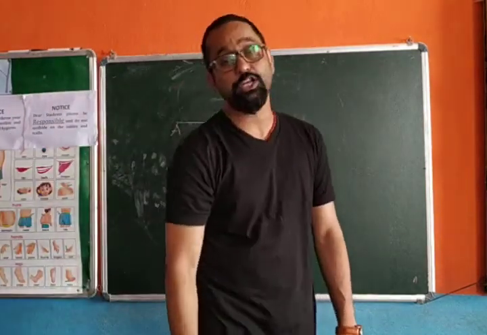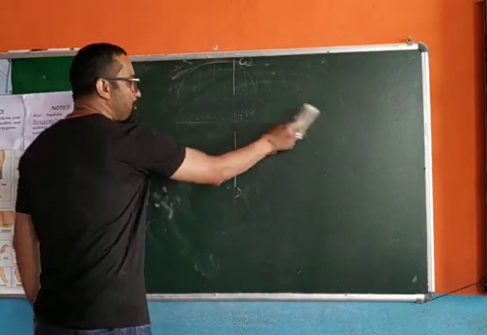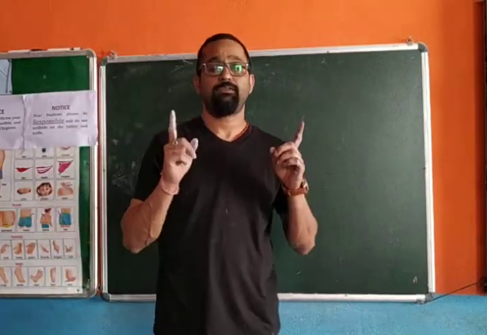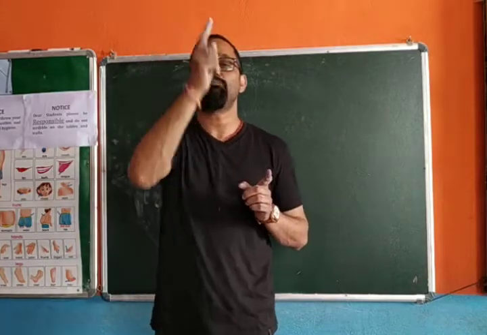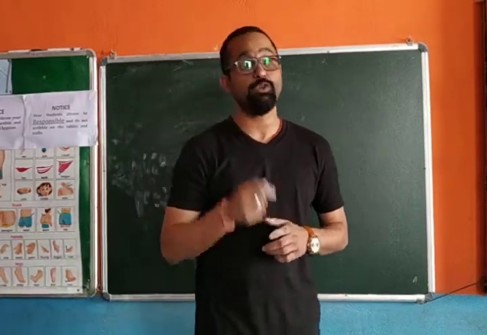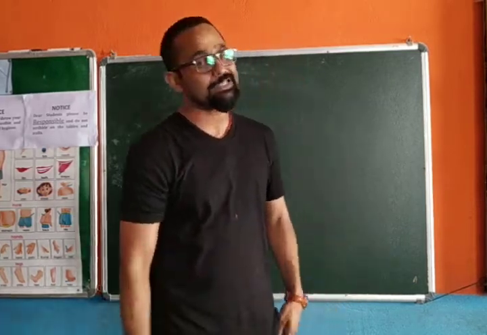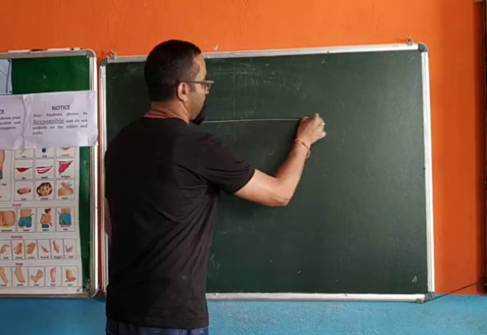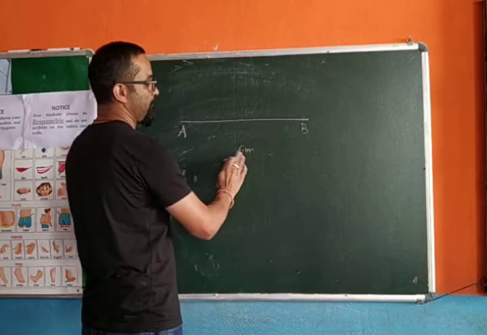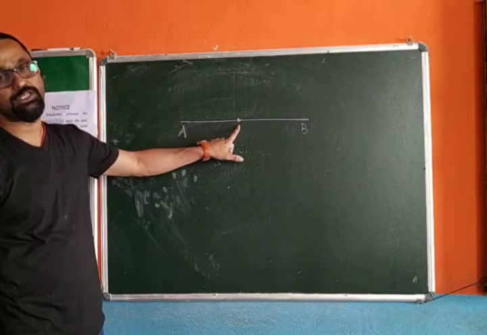Now you have the perpendicular bisector. A perpendicular bisector means a line which is passing through the midpoint of a given line and makes a 90-degree angle with the given line. You draw a line of length 6 cm. Use a ruler and mark the midpoint.